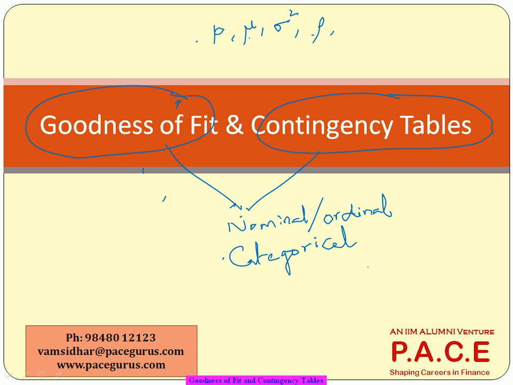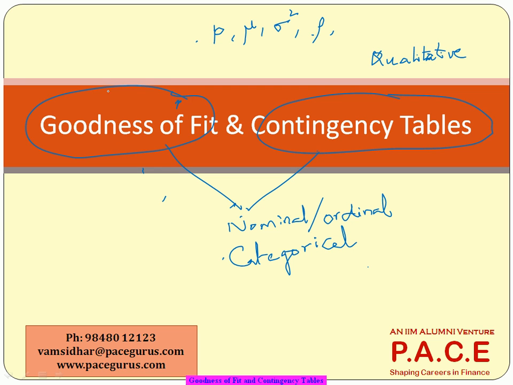But when it comes to our data being categorical or qualitative, like genders, responses to a question, marital status, or did this particular treatment cure the disease or not, where the answers are more textual and finite in number, which are typically called categorical, falling into either the nominal scale or the ordinal scale, on such kind of data, if I want to do some analysis, we use these two concepts.